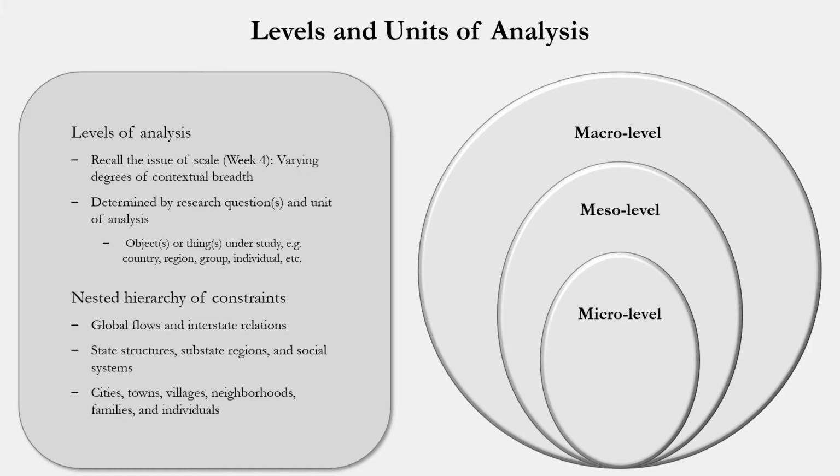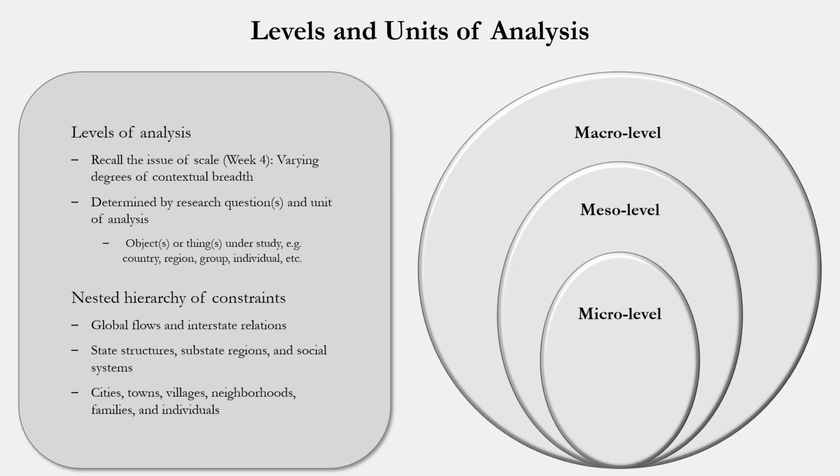All of these levels of analysis work together. A helpful way to conceive of this is to understand the levels of analysis as a nested hierarchy of constraints. Global flows and interstate relations set possibilities for state structures and social systems, which in turn set possibilities for local actors, although each level also has substantial autonomy. So this isn't to say that local actors are agentless in the face of larger structures.